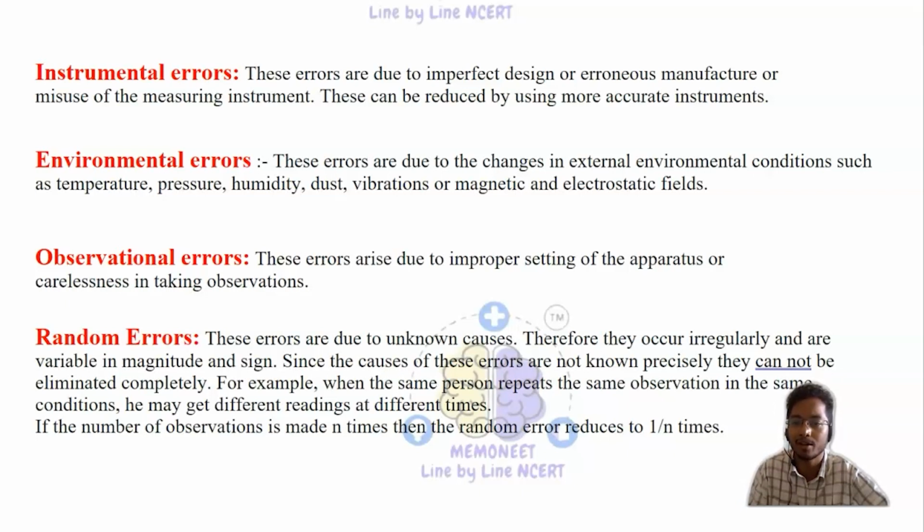Instrumental errors: let's say we have some problem in the instrument, such as an imperfect design, or we use it in a misuse type.